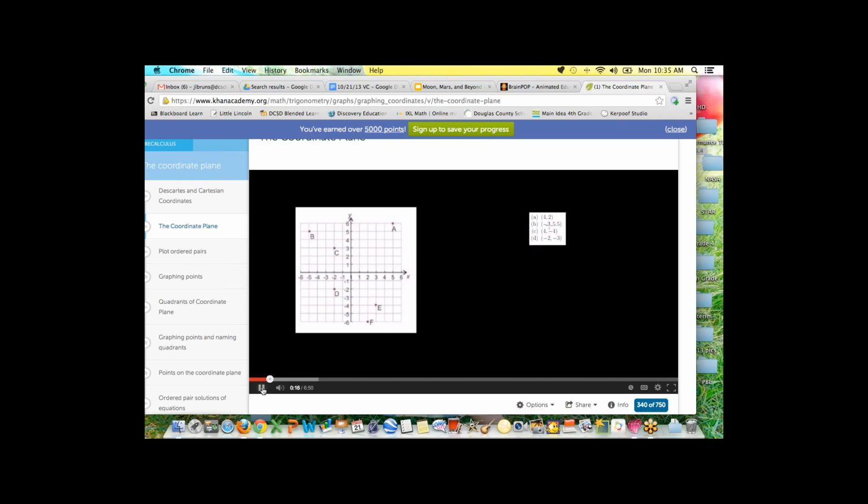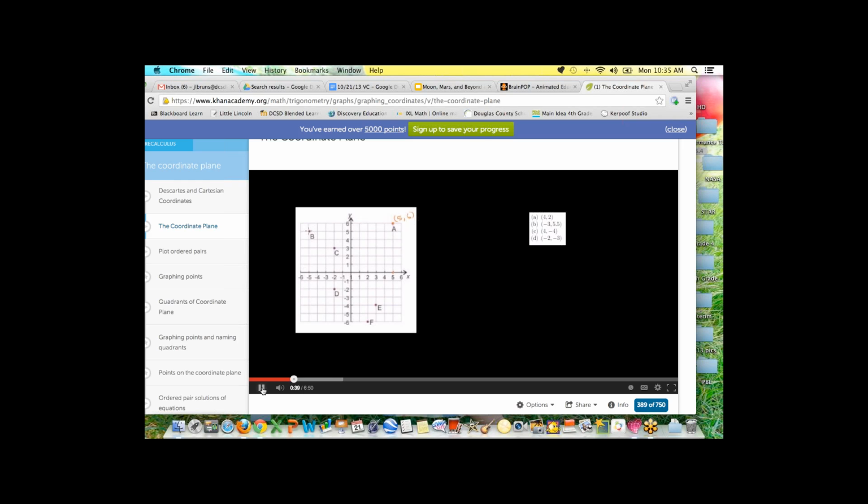Okay. For the purposes of Moon, Mars, and Beyond, we're going to work mostly in the very first quadrant. It's the easiest quadrant, and most of our work will be in there. But this video that we're about to watch actually uses all 4 quadrants, and that's okay. So I'm going to go ahead and play the video.